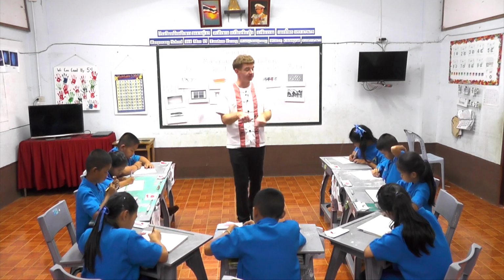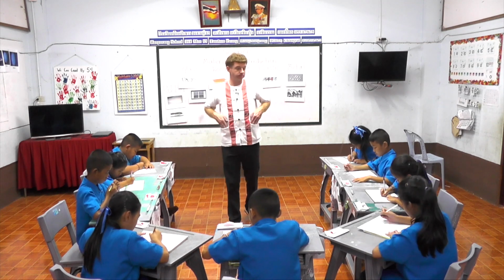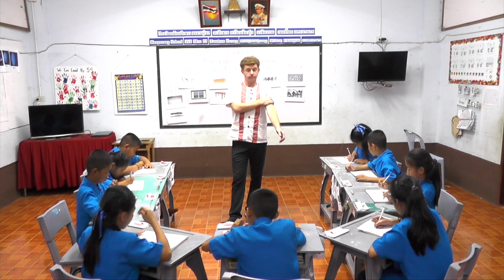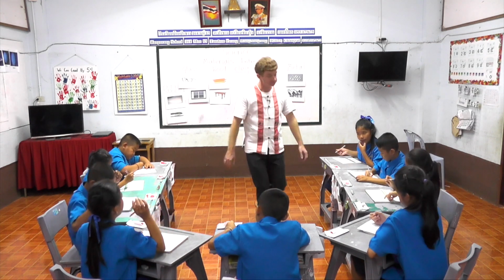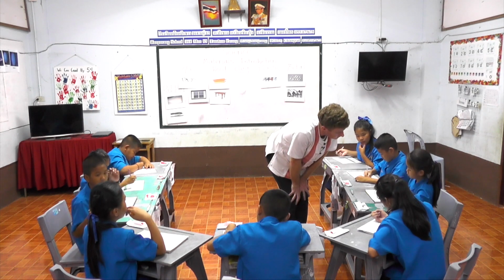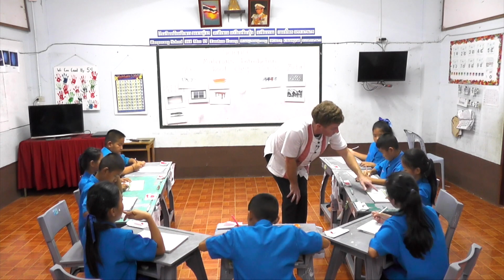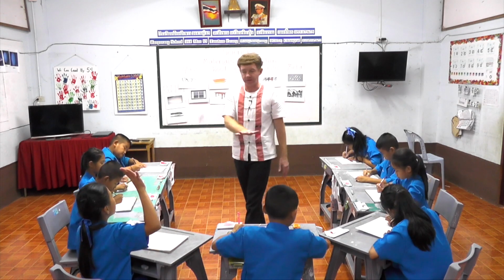Sometimes we have plastic spoons, and sometimes we have metal. So more than one correct answer sometimes. Pencil, or this one, mattress. Mattresses are made of rubber, nice and soft and bouncy.